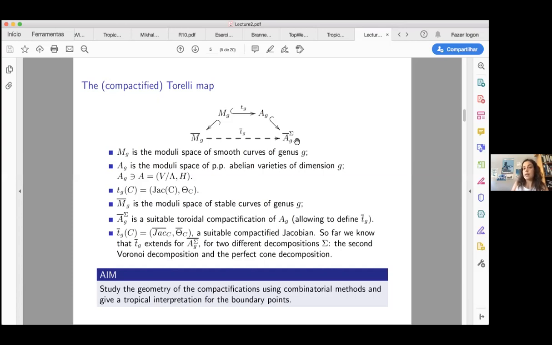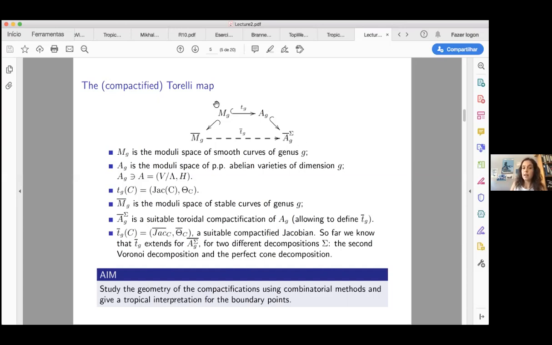So the point is, is it possible to take a suitable compactification of the Jacobian together with a principal polarization, or some version of these, such that, not tropical yet, the Torelli map extends from M_g bar to a compactification of the moduli space of abelian varieties?